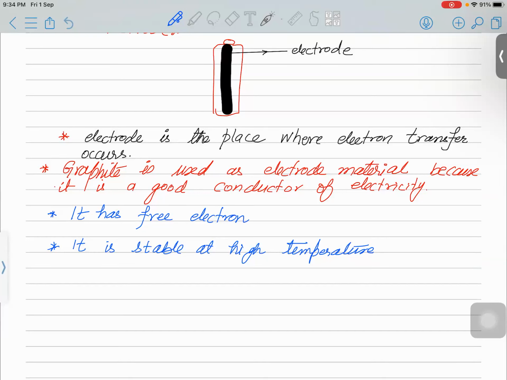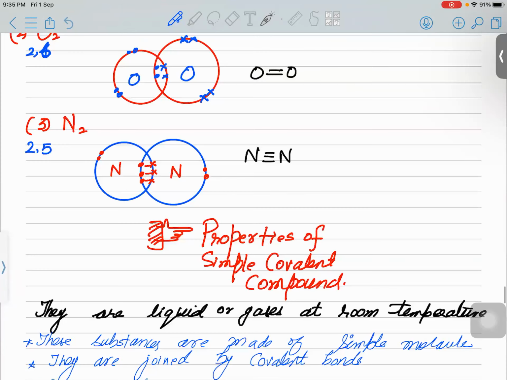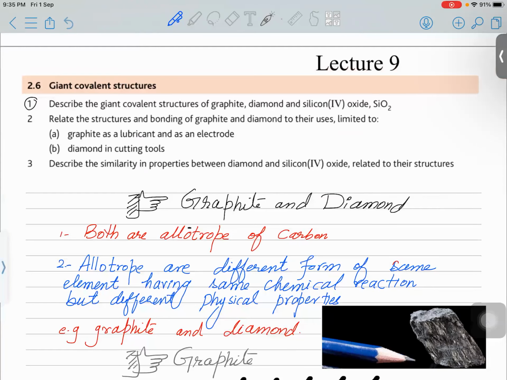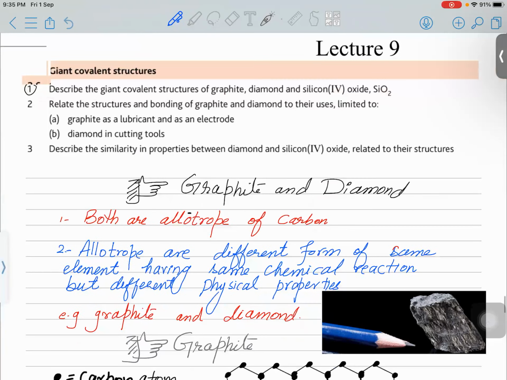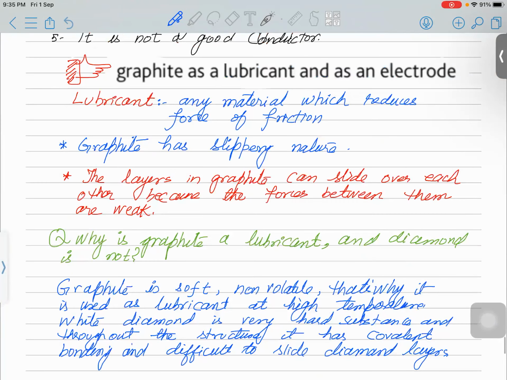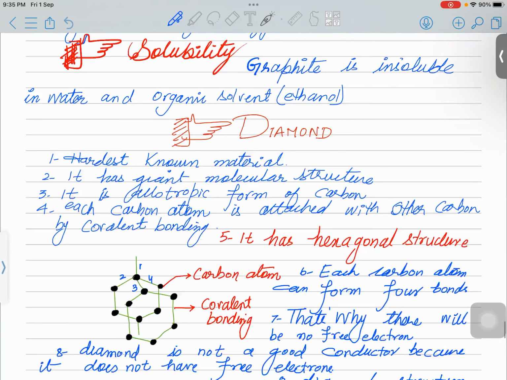Are you getting my point or not? Yes, sir. So next is, diamond is a cutting tool, right? Can you tell me why diamond is used as a cutting tool?